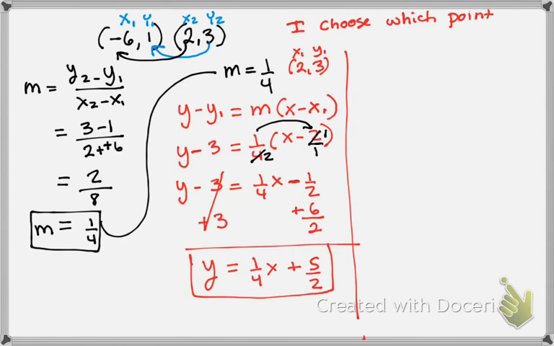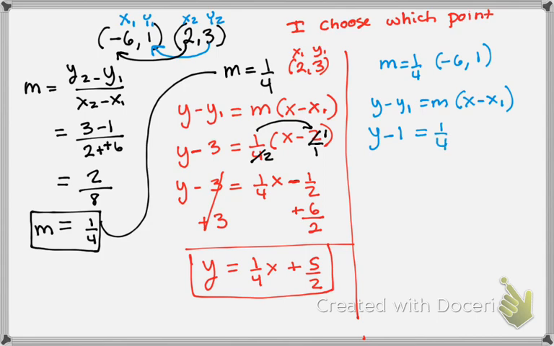Now, somebody said to me, what if I use the other point? It doesn't matter which point, because the point you choose, either it's one down here on the line or it's up here. Do you understand? So I can still, y minus y1 equals m times x minus x1. Y minus 1 equals 1/4 times x minus negative 6.